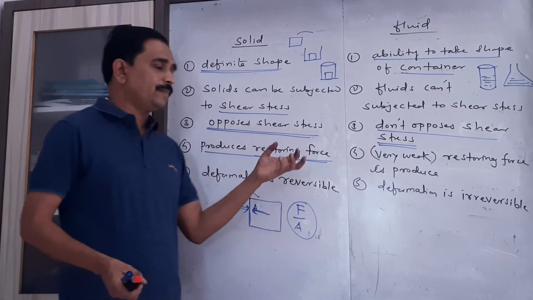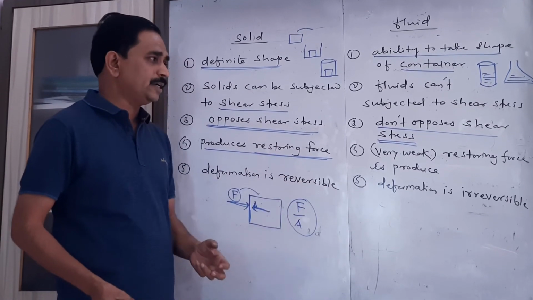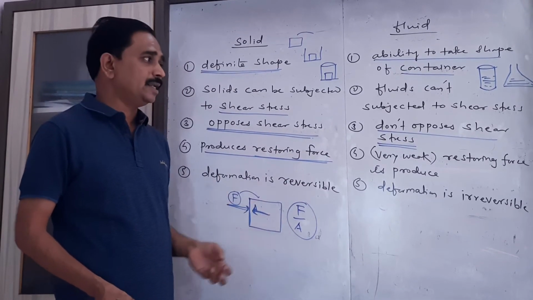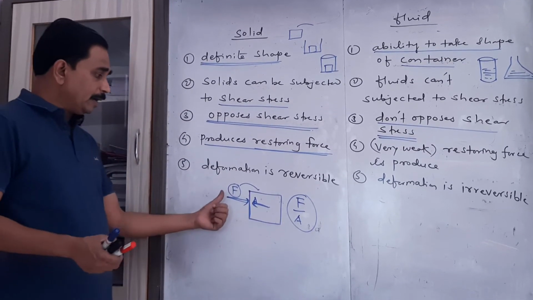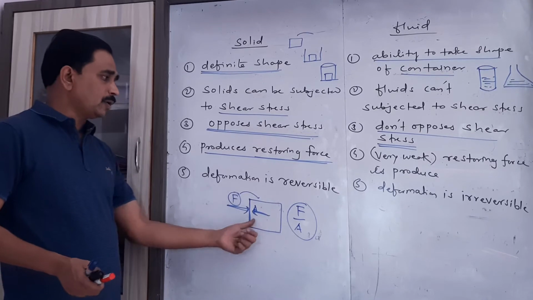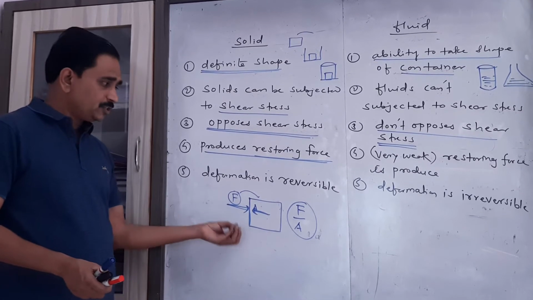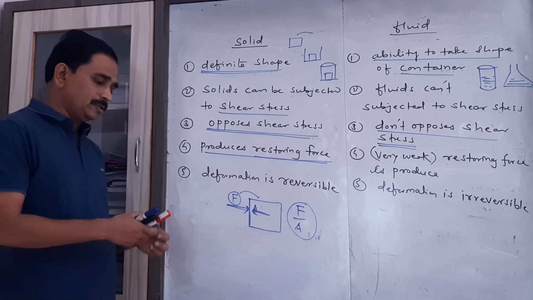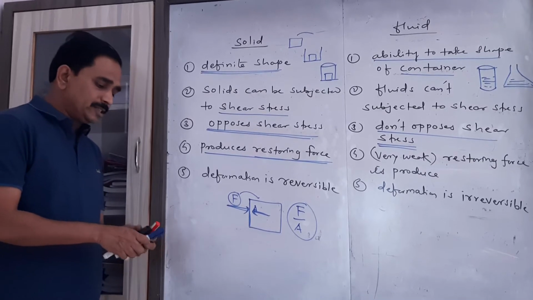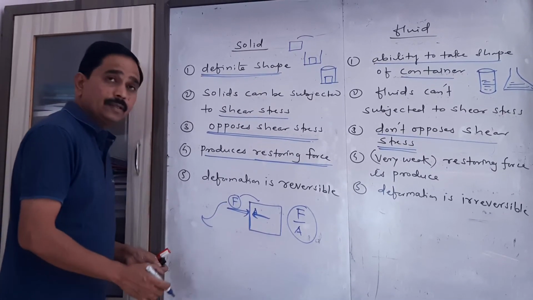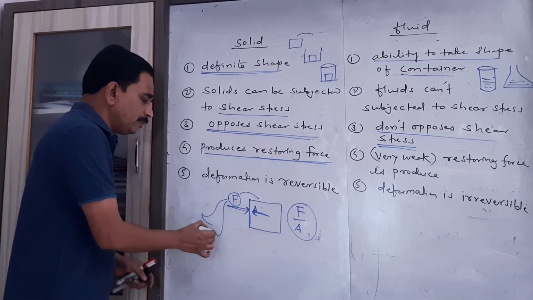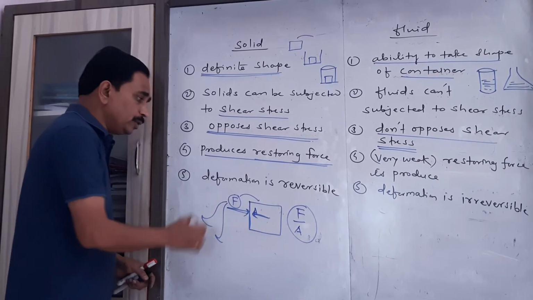But in the case of liquid and gases, that is the fluids, a very weak, that is negligible, restoring force is produced. So whenever we apply force on a solid, there is a change in shape and size of the solid, and that change can vanish as soon as we remove the force.